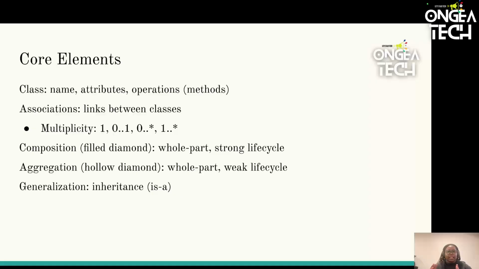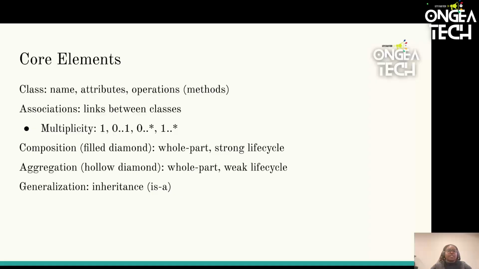And then you'll have operations, which are the methods in the classes. Another thing that's usually there is if it's private or public or protected. I think we'll see it a little bit after this slide.